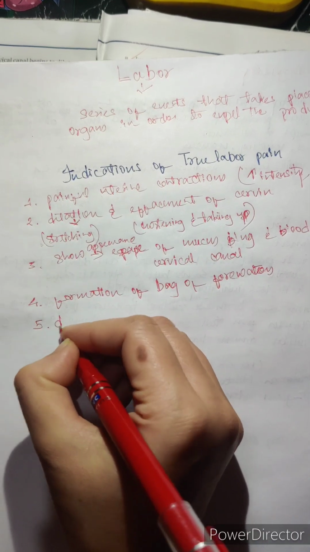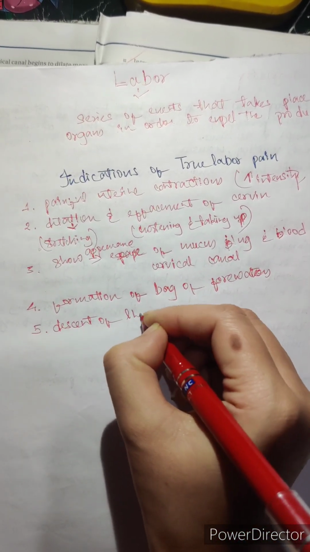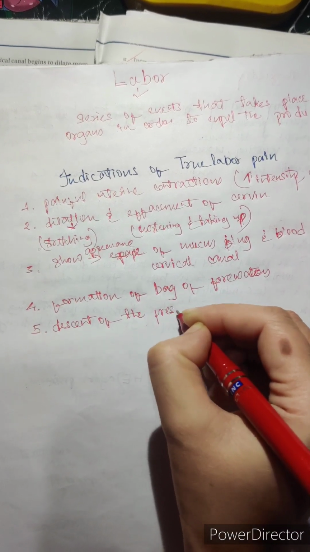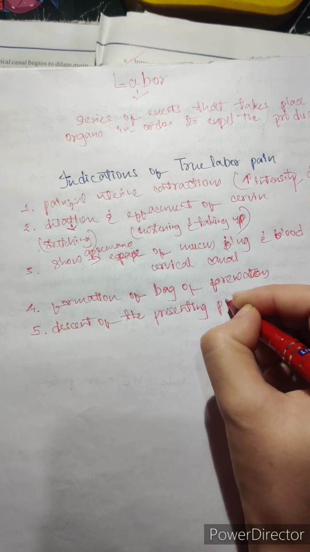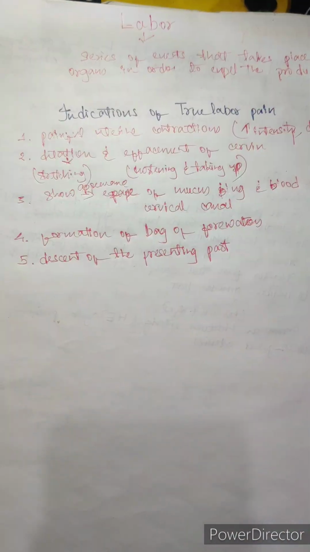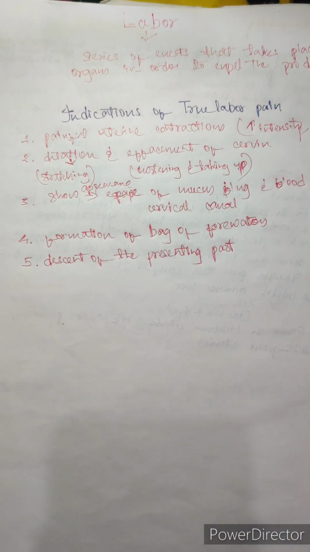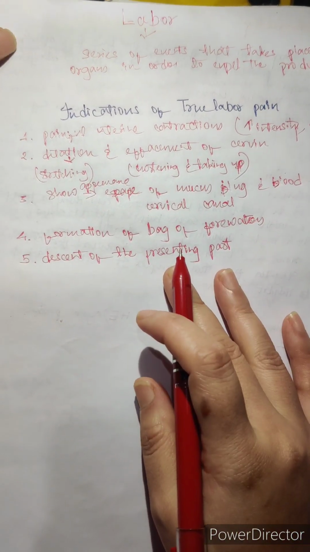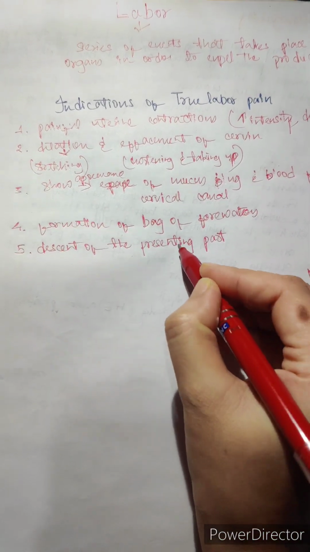And the fifth is the descent of the presenting part. So the fifth point is the descent of the presenting part. Here the presenting part is the vertex.